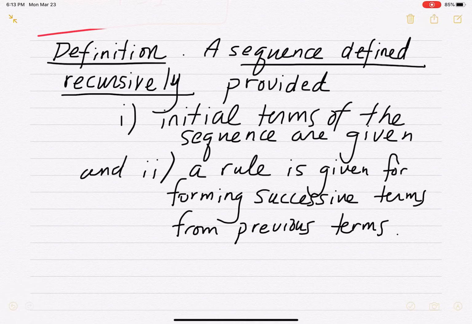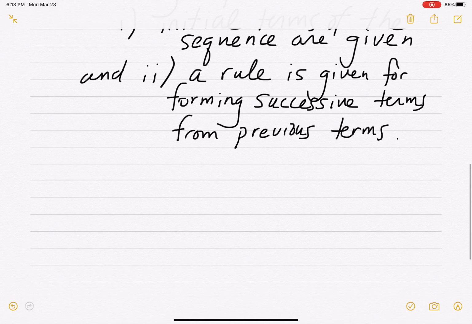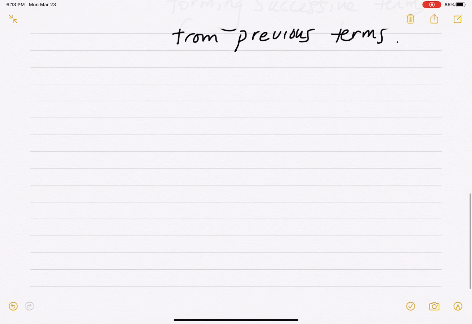Yeah, so let's look at an example of that. Example.